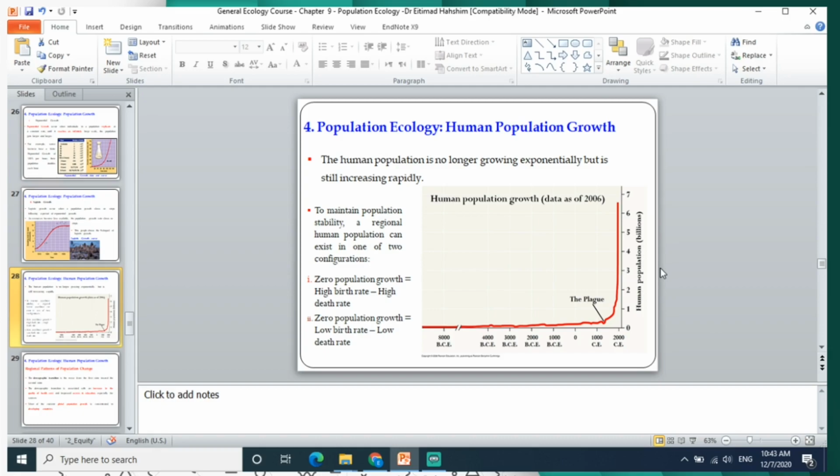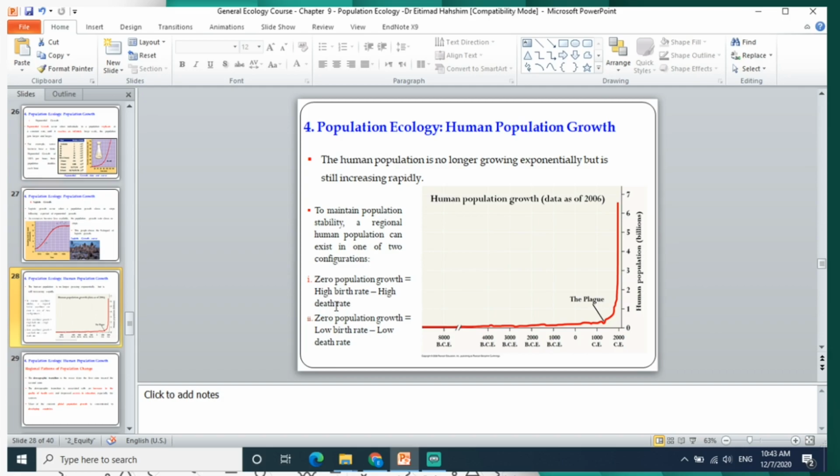The human population is no longer growing exponentially, but is still increasing rapidly. To maintain a population steadily, a regional human population can exist in one of two configurations. Zero population growth: either we have a high birth rate and at the same time a high death rate, because population growth equals birth rate minus death rate.